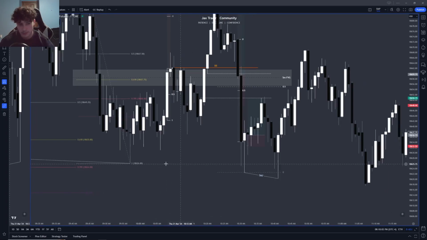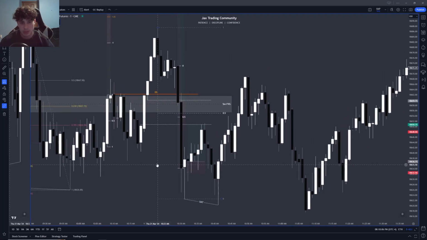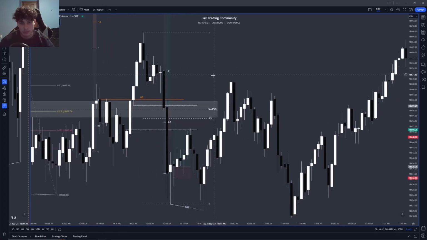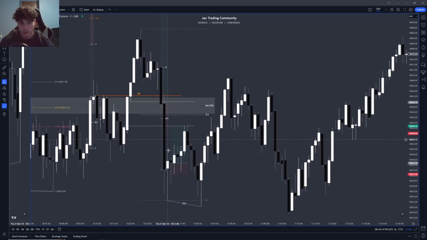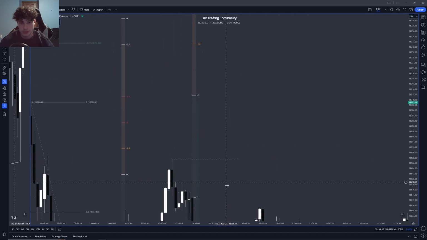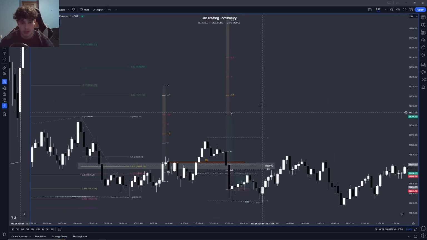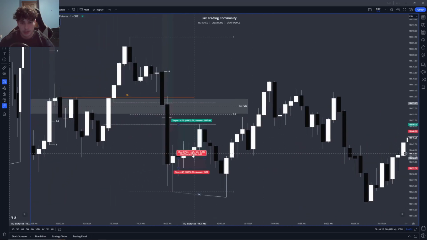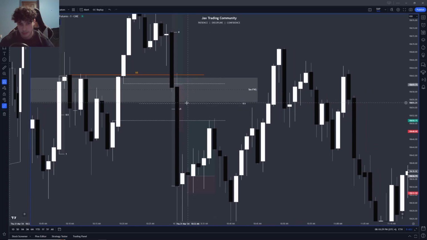So this was OTE. And after we got displacement back up, respecting it, I was guessing that this was just the manipulation leg and that we would head higher. Additionally, on this manipulation leg of 2 candles, I drew in this standard deviation, and it was projected that this would head up to here, right? And so I took a long, but I was originally wanting just to target 50%.